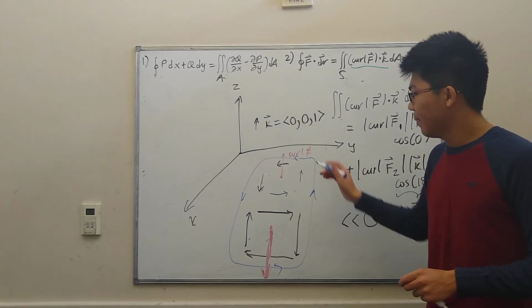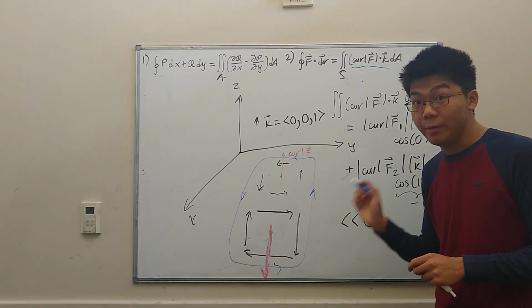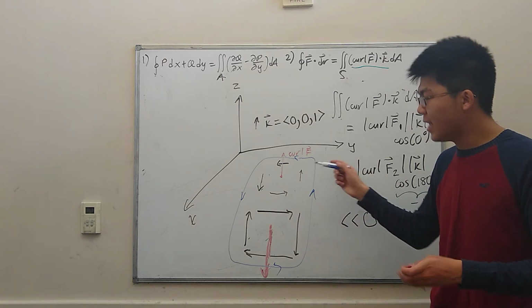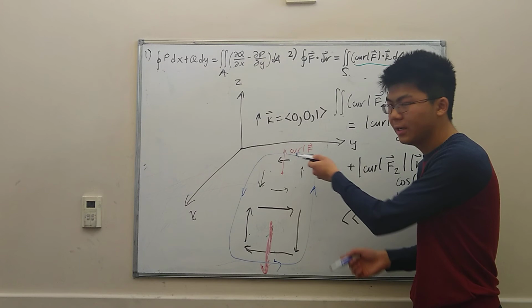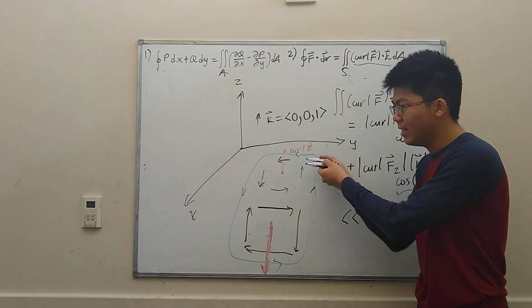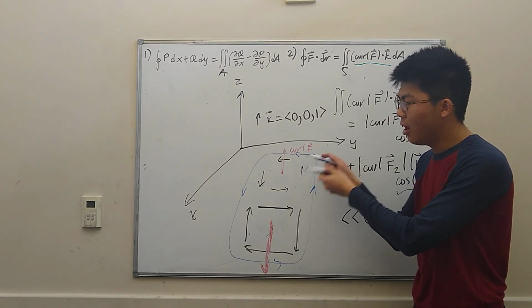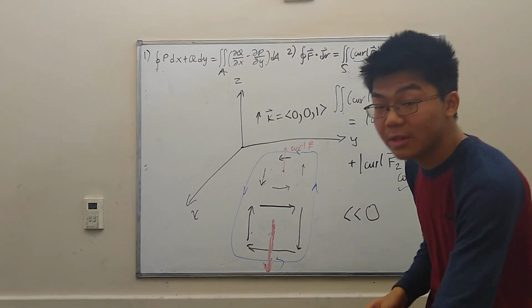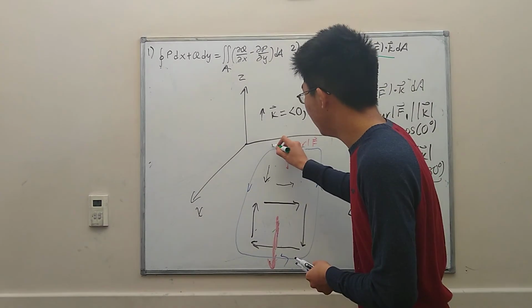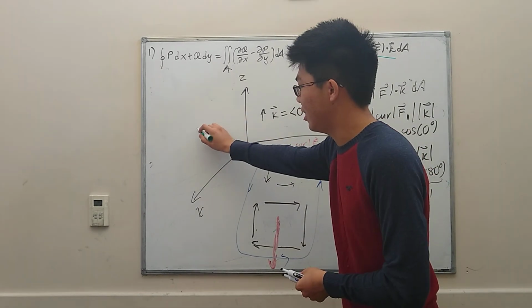So here's our line integral going this way. In this case here, notice that we have a rather short vector f pointing in this direction. So our dr and our f are pointing in the same direction. We end up with a small number right here as a result of the dot product.